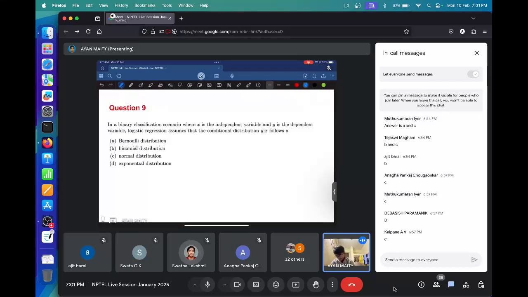Question 9. In a binary classification scenario where x is the independent variable and y is the dependent variable, basically x is the input and y is the output, logistic regression assumes that the conditional distribution of y given x follows which distribution? Bernoulli distribution, binomial distribution, normal distribution, exponential distribution.